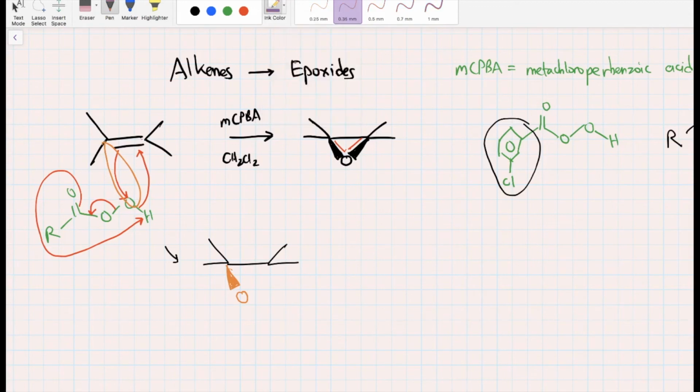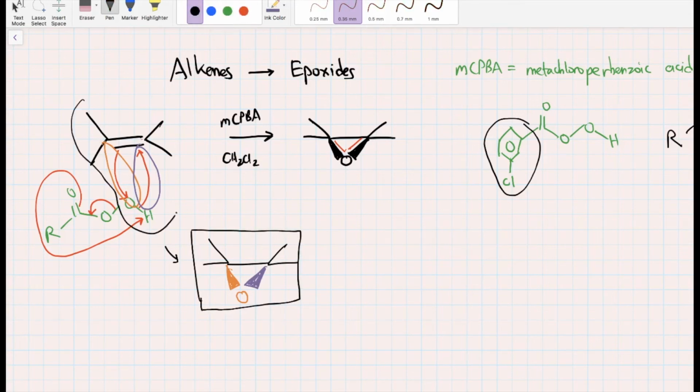Let's go with purple. This arrow pushing mechanism right here is going to result in this bond. Okay, and then this forms our epoxide, right? So this part's done. So this part is all taken care of right here.